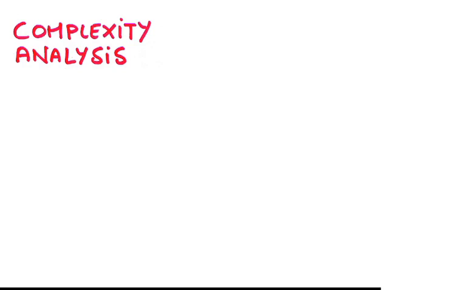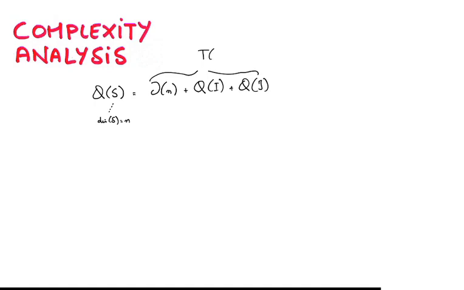I have Q of S. You assume that the dimension of S is n, and this cost is obtained as the merging cost of both data from I and data from J. This cost I will call T of n.